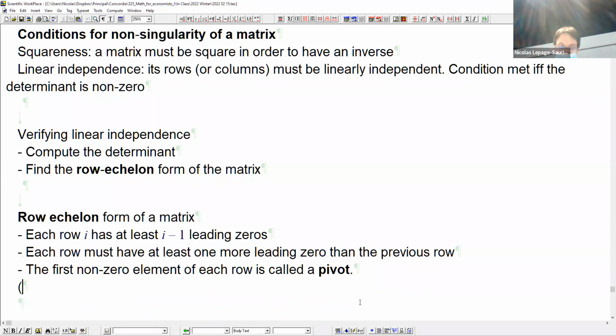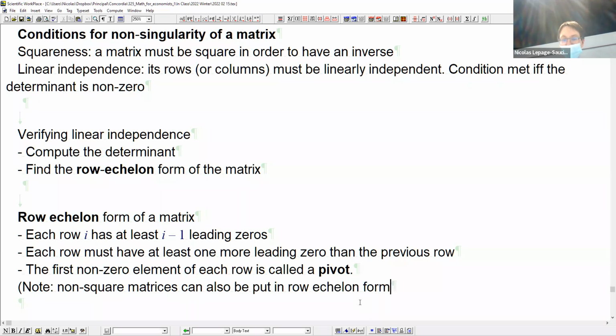Note, non-square matrices can also be put in row echelon form. So it's not just for square matrices. You can do that for any matrix you like.